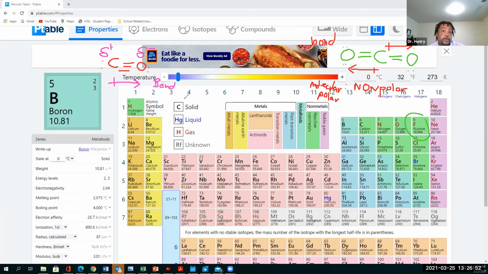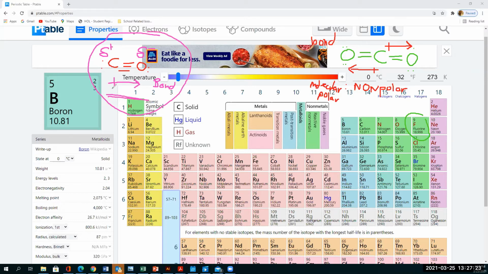Asymmetry, or asymmetrical, basically means that one side is favored over the other. So in this case, where we're talking about carbon triple bonded to oxygen, is one side favored over the other? I'm talking about this one right here.